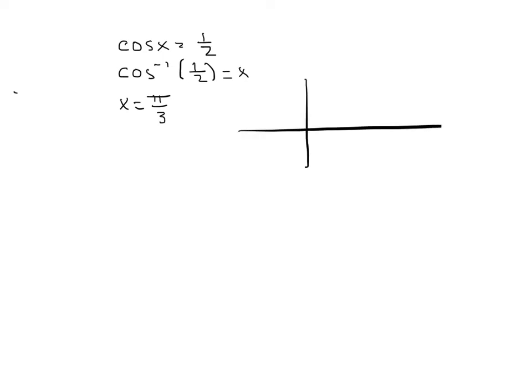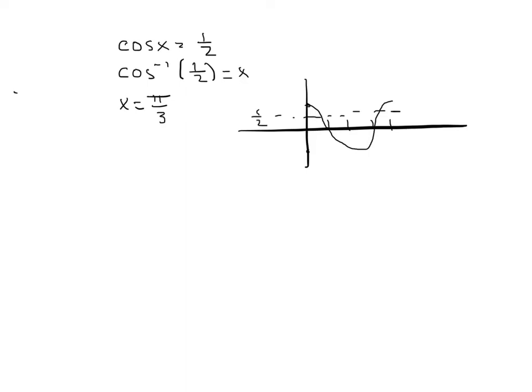So I'm looking to solve cosine x equals 1/2, so I'm looking to find the cosine inverse of 1/2 equals x. So at what angle does this take place? X would be pi over 3. And then to make sure I get all of the angles where this takes place, just a quick refresher, I know that cosine goes up to 1 and down to -1 between 0 and 2 pi, and this happens in 2 spots.